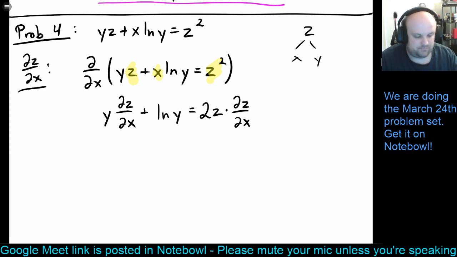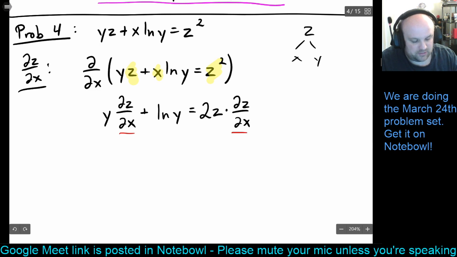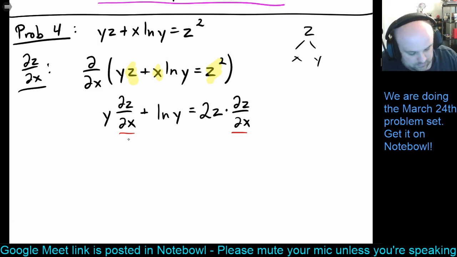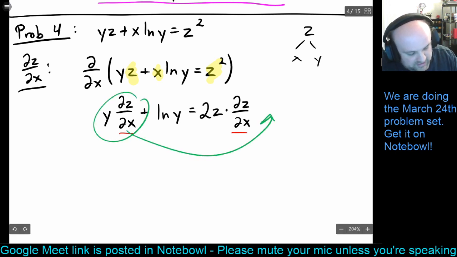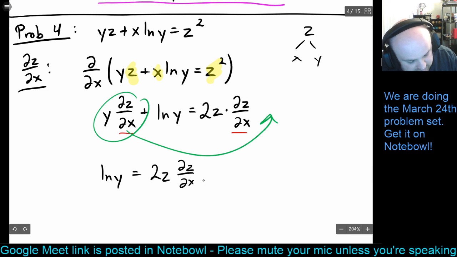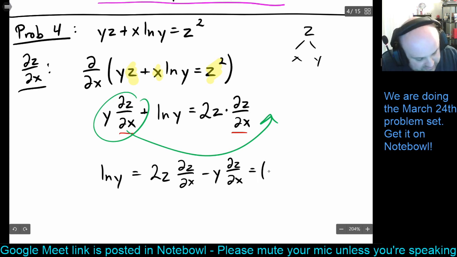All we want to do now is solve for this. So let's take this and move it to the other side here. So we get ln of y is 2z dz dx minus y dz dx. And then I'm going to factor out this dz dx.